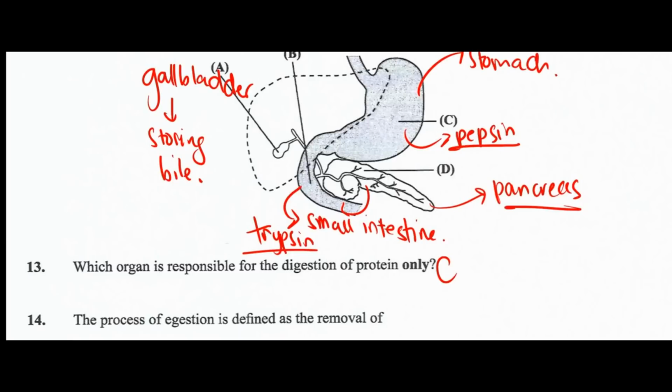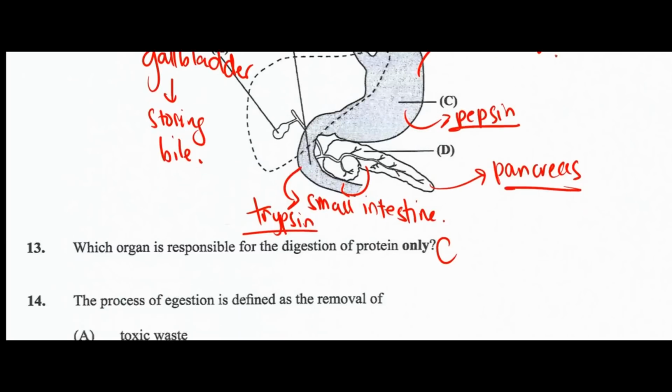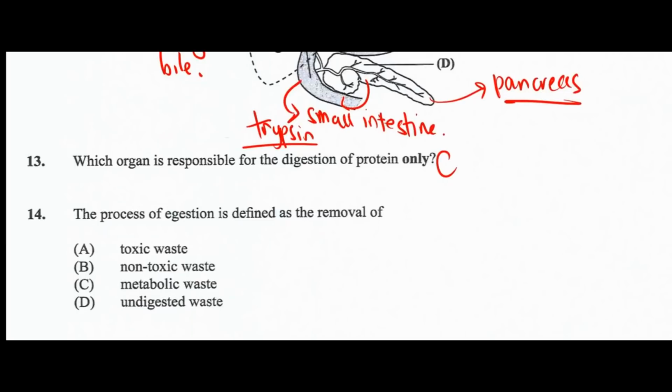The process of egestion is defined as the removal of anything that is undigested. So undigested waste is egestion. Toxic and non-toxic waste is usually taken care of by your liver and the kidneys, right?